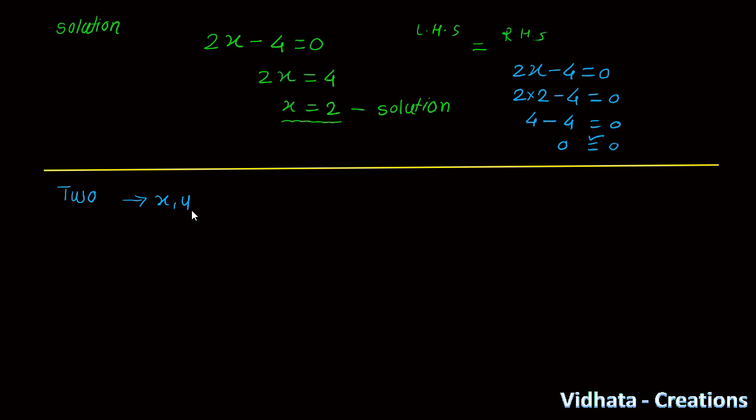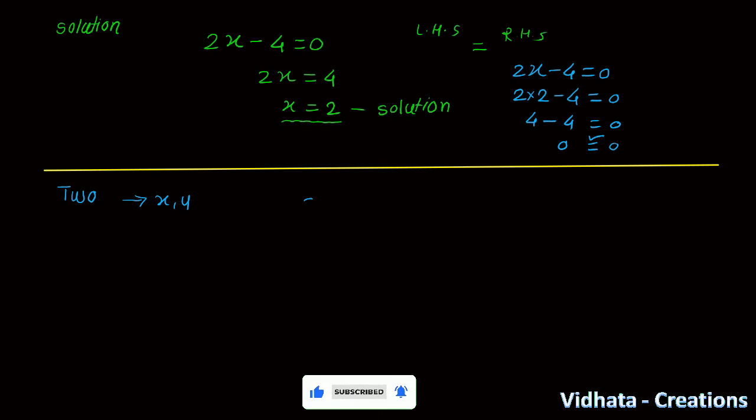The values of x and y which we get must satisfy the given equation. Such values of x and y are called the solution. It contains two variables in a pair.